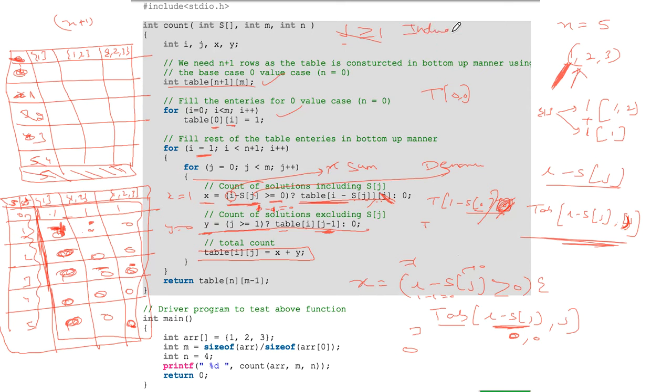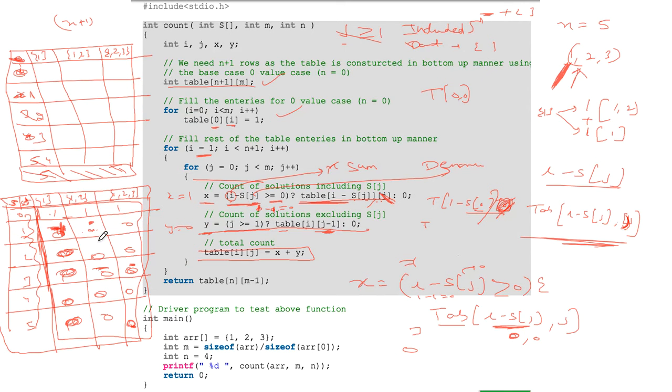When you say included, that means whatever the previous denominations are that you have already figured out, plus the new one for which you are doing it. Previous ones were there. And when you say don't include, you say only previous denominations. So don't include 1, include 2. This is array of 1 comma 2.